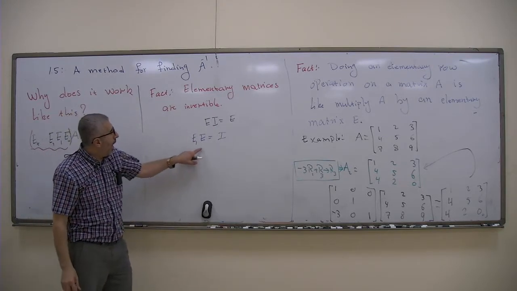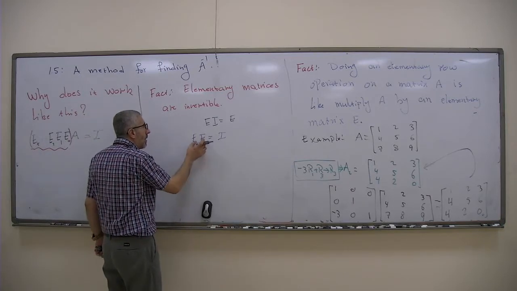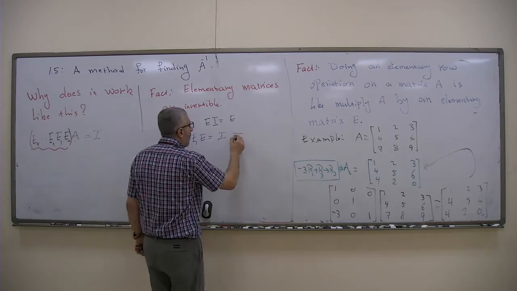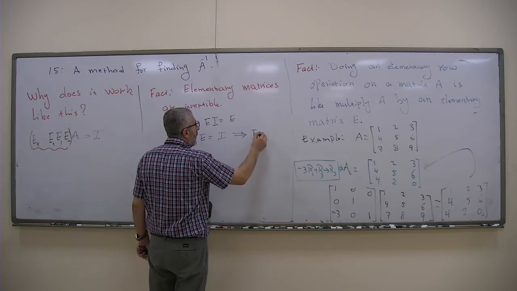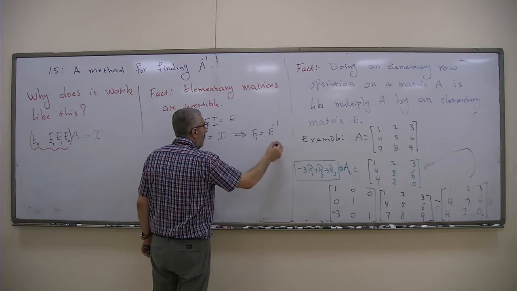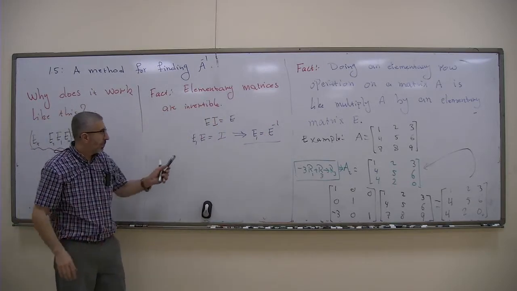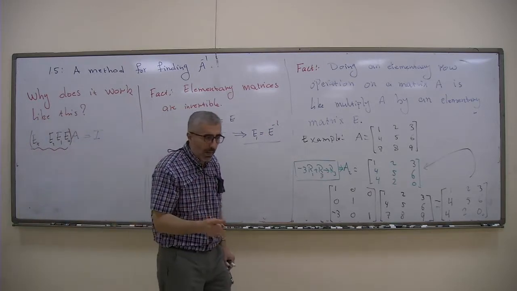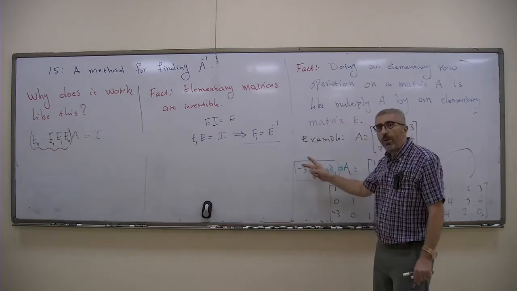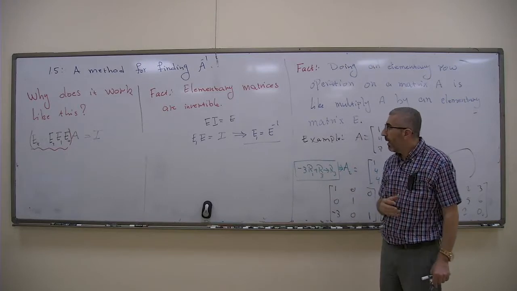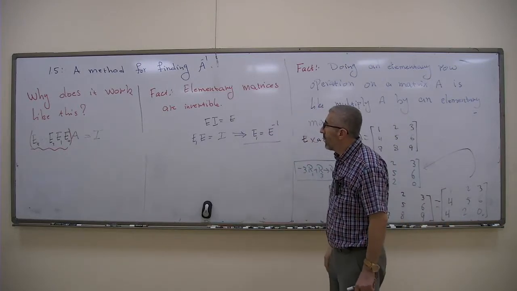And if you have this, then it means this is the inverse of this. So this means E1 is E inverse. Okay? So clarifying this is fairly easy here. All you need is just to think about doing an elementary row operation and then reversing this back. Okay? So that makes each elementary matrix invertible.